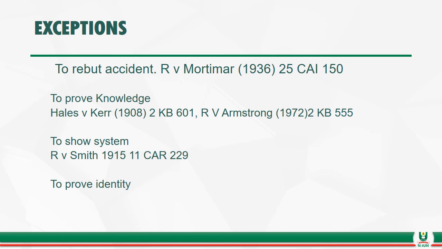Let's look at exceptions to the exclusion of similar fact evidence. One of the first exceptions is to rebut accident, because when a matter is brought before the court against the accused person, the prosecution must not only prove the case against the accused person, but must also negative accident, because an accident is one of the general defenses in criminal law.